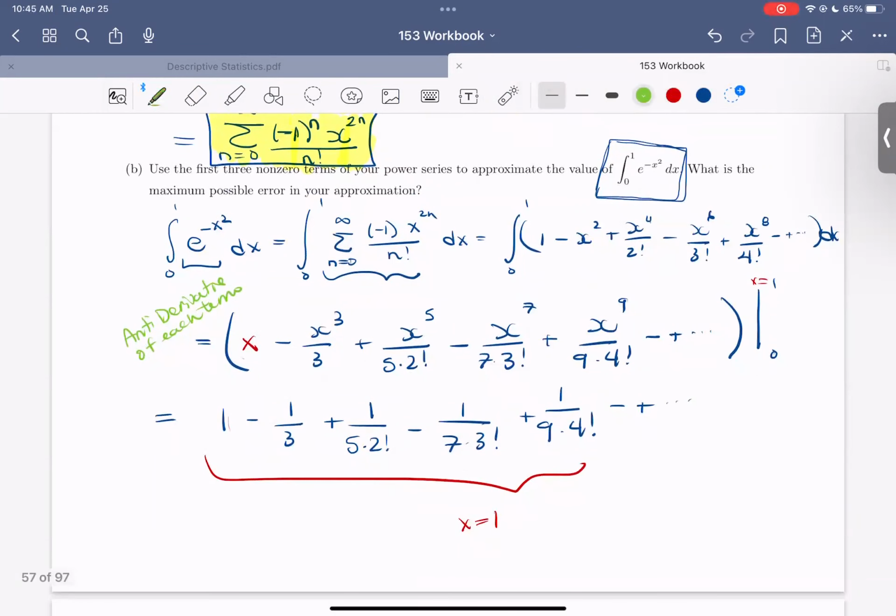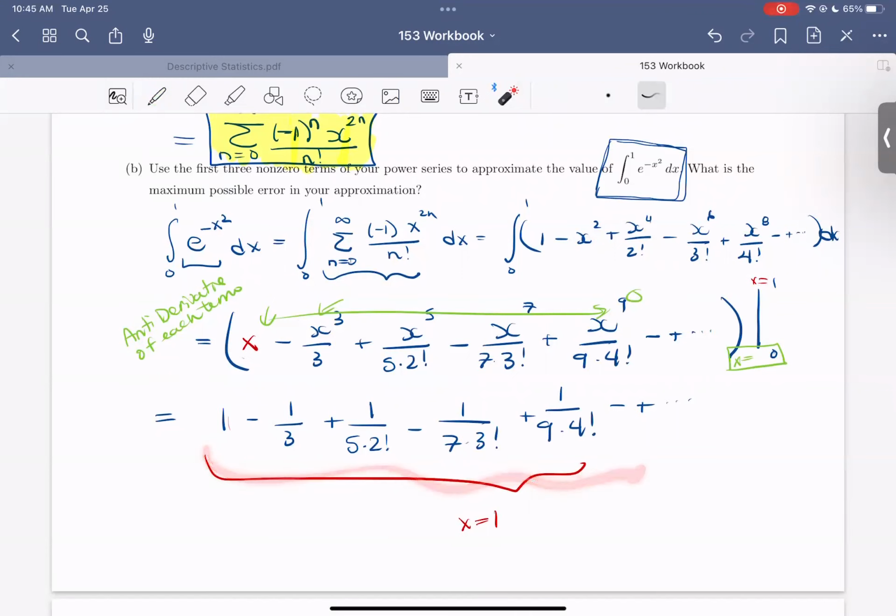Okay, cool. Why was I startled by that? Because when x equals 0, notice all of these terms are just 0. So the first value, x equals 1, gives me this sum here. But then when I subtract, when x equals 0, I get 0. So we don't even need to consider that.